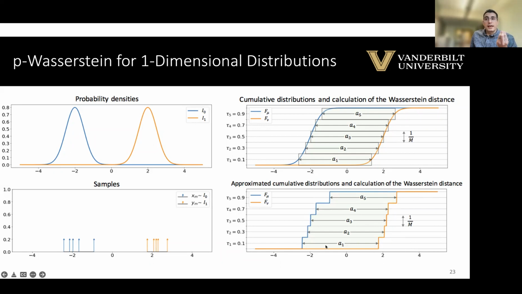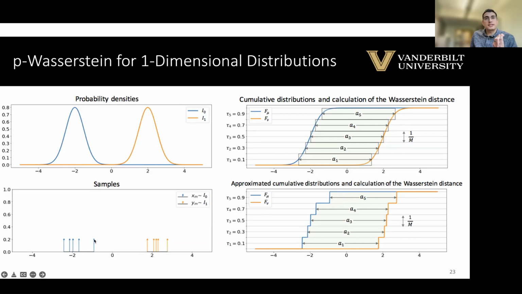Okay. And then to calculate exactly the same thing that I was doing up here, these rectangles, I need to simply say, where was my first sample? Where is my first sample for the other one? Measure the distance between these two, and then multiply that by this one. So that means that I had to sort these points in an increasing manner.